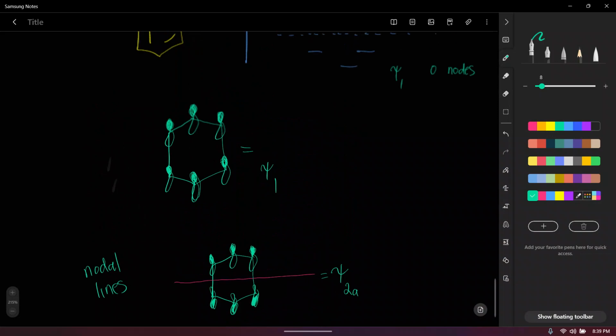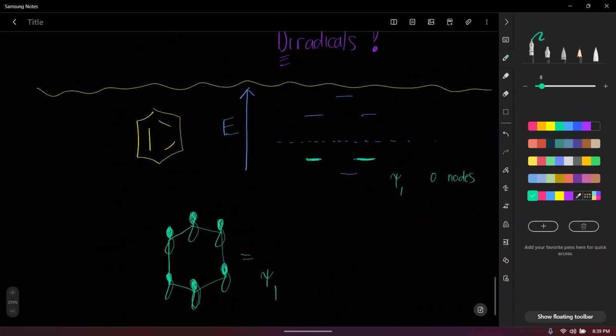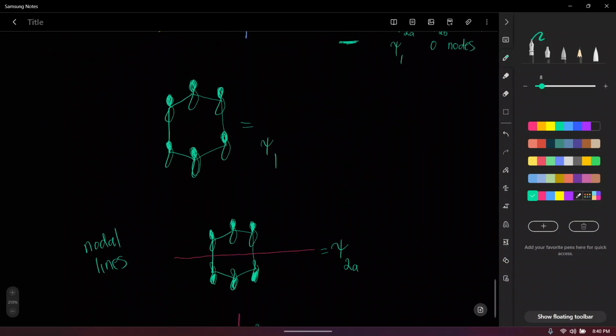Right? And that is why you have these two degenerate energy levels, because there are two ways that you can get one nodal line. And because they each only have one nodal line, they're the same exact energy. So you have psi 2a and psi 2b with one node. Okay? And really, again, it's a nodal line, right?